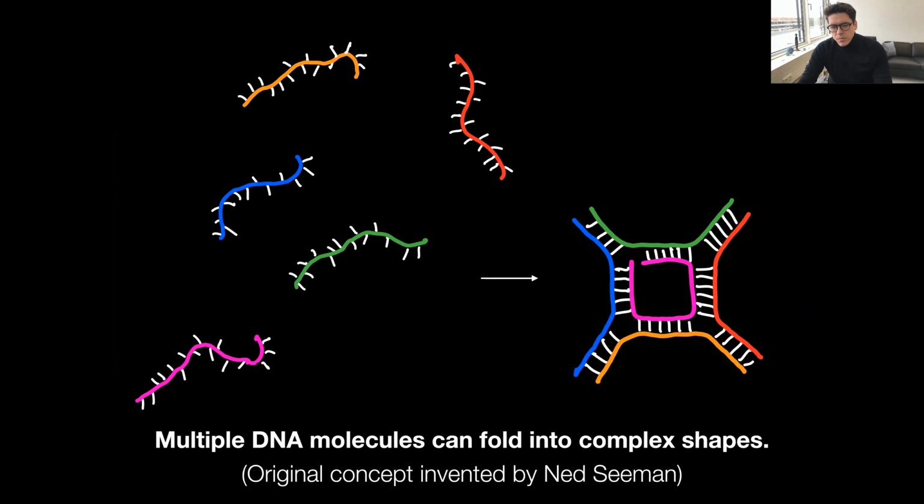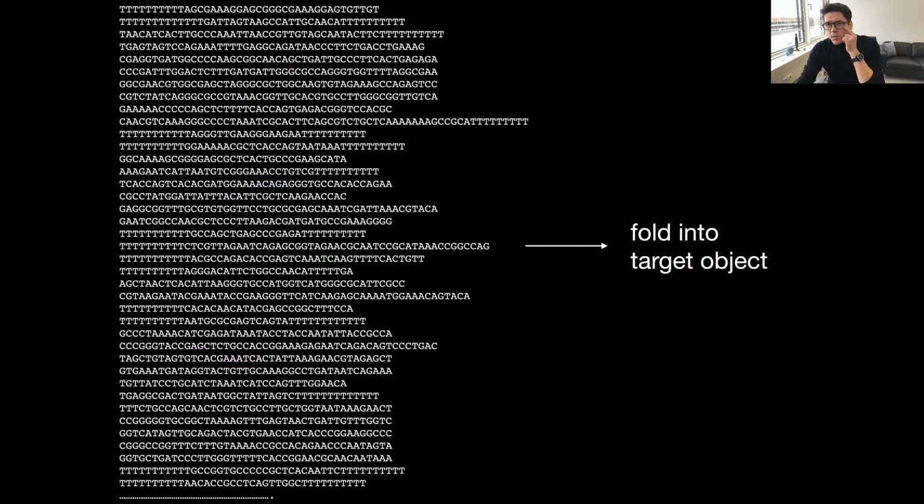And the original concept really was invented by Nadrian Seeman in the 1980s, and has since been expanded significantly in terms of the complexity that we can achieve. So nowadays we have various methods available, and please look into the reviews to learn more about the details of these methods, which allow us to come up with sequences for hundreds of DNA single strands through a rational design process.